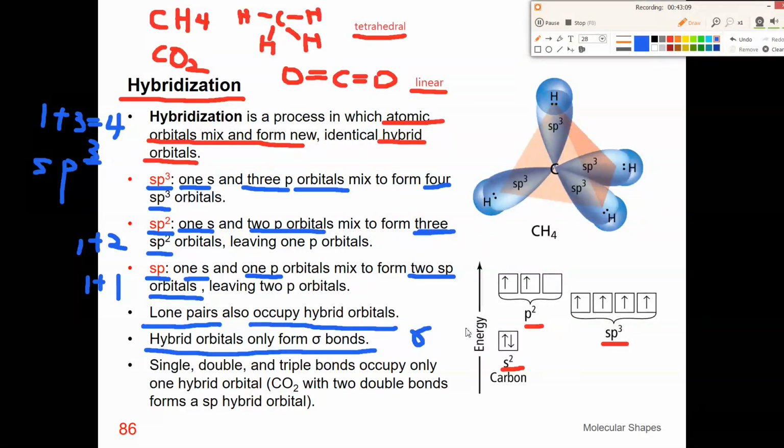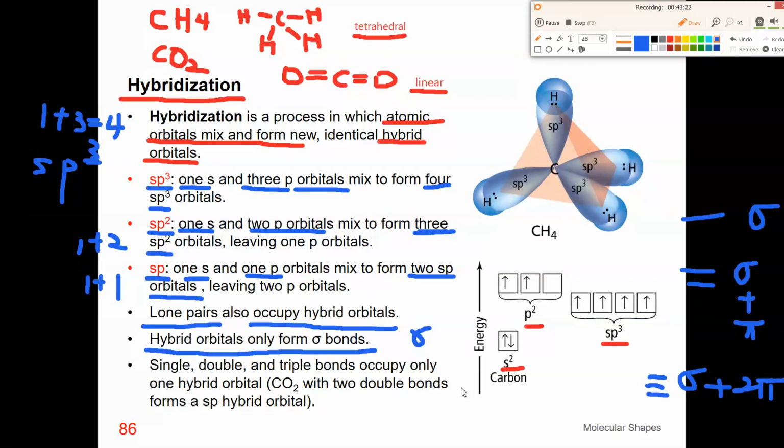Remember we talked about the single bond as a sigma bond, the double bond as sigma plus pi bond, and the triple bond as sigma plus 2 pi bonds. So hybrid orbitals only form sigma bonds. The pi bond does not come from hybrid orbitals. We'll talk later about where the pi bond comes from.